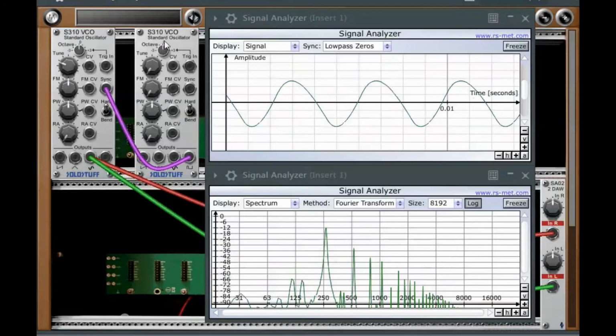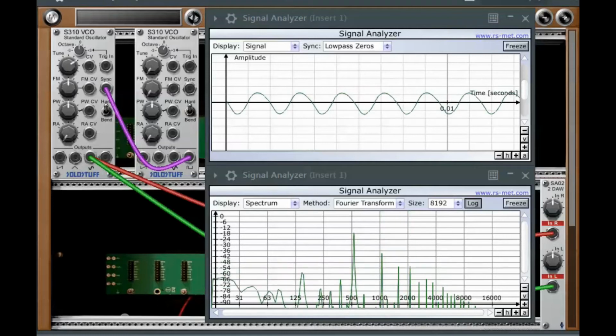And, of course, our frequency rule is valid with non-integer relations, with the master's frequency being the higher one.